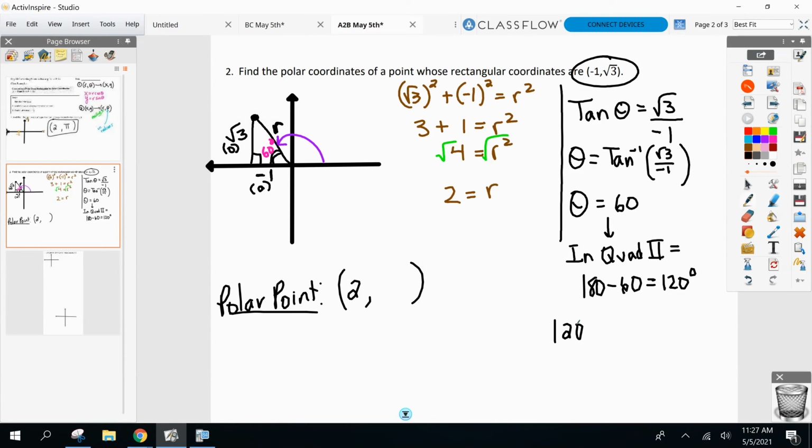Anybody remember what we have to do? Multiply by, if I need it in radians, pi over 180. If you need it in radians, which you will every time. So this is going to be your final step here. Leave the pi in your answer, and then reduce 120 over 180.